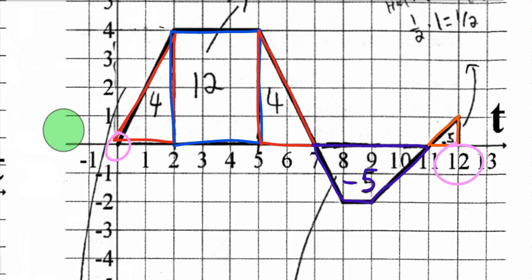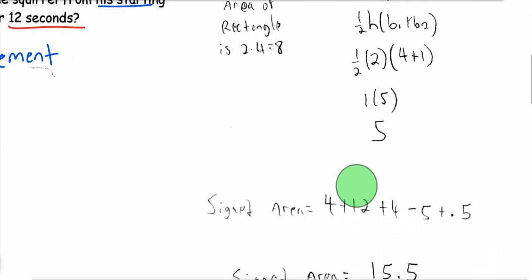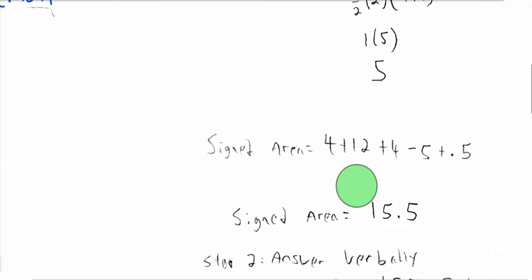So we're going from 0 to 12, finding the area under this curve. So if we add up all these individual areas that we got, including this negative one, we should get the total displacement of the squirrel, its change in starting position.